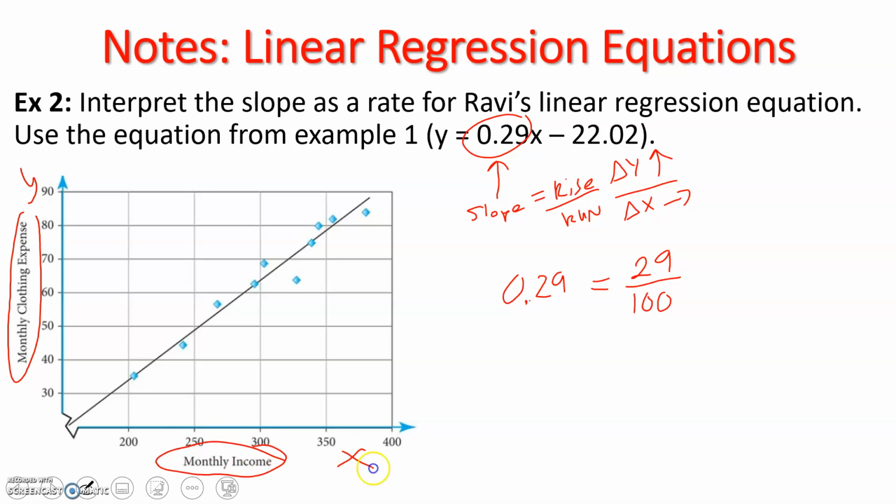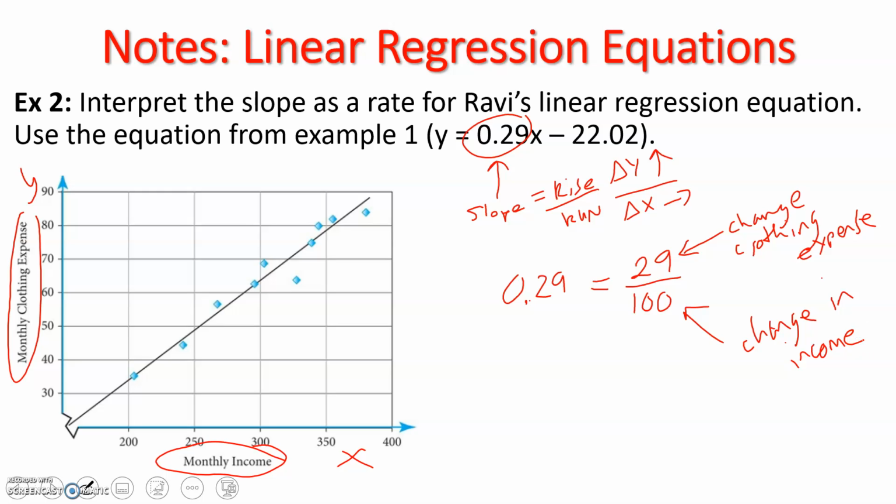This is our x-axis, so that's the change in monthly income. So we could make a statement like this. This is our change in, let's say, clothing expense, and this is our change in income.